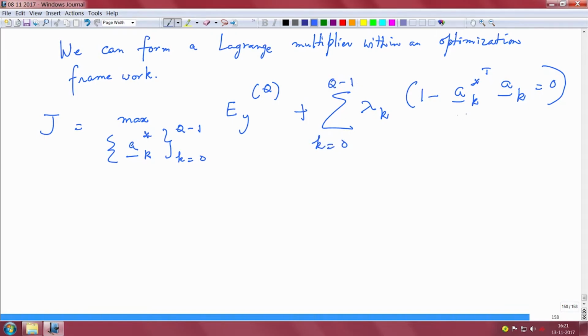That is, you bring in the condition that A k conjugate transpose A k equals 1, and that is the equation. There is the associated parameter lambda k for the Lagrangian. So, you have all such equations, q equations for k equals 0, 1, 2, 3, so on till q minus 1.